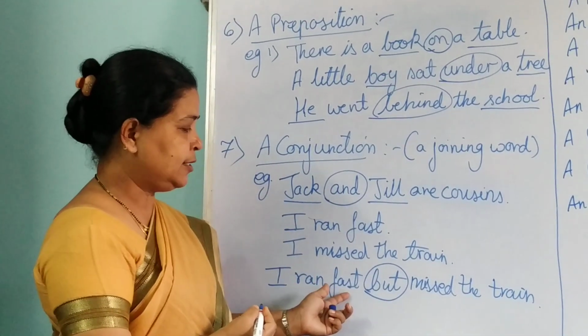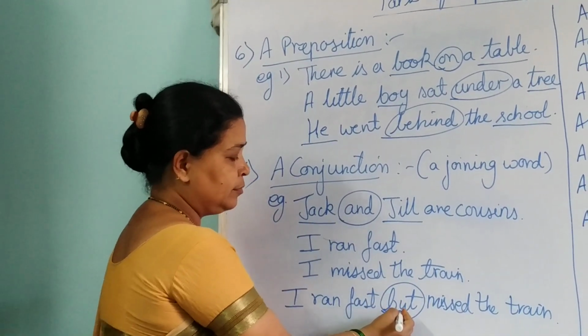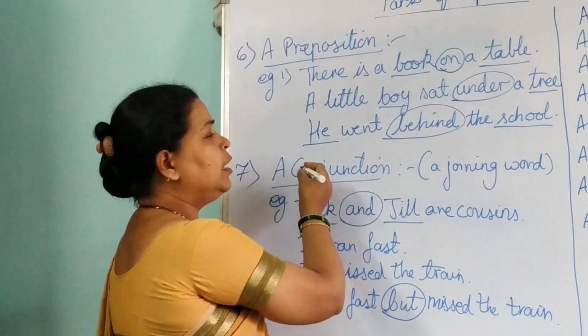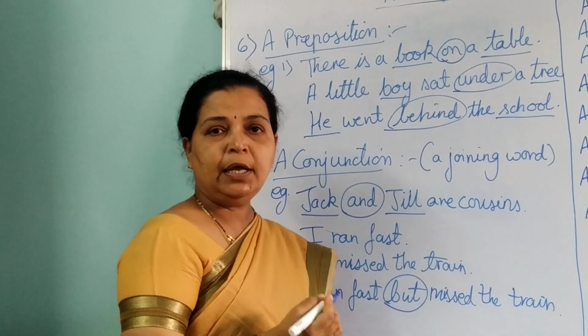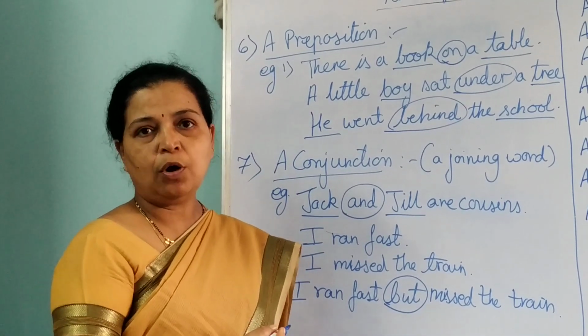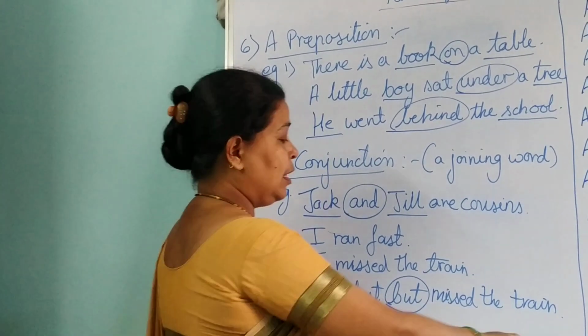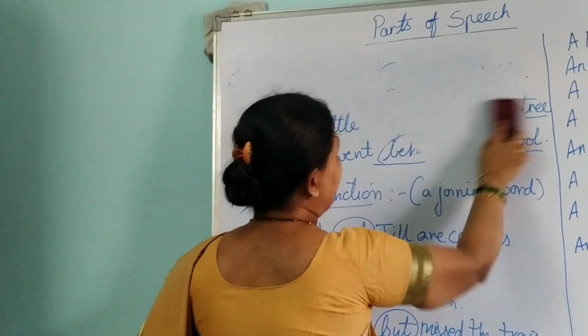I ran fast but missed the train. So the word but, which is used to join two sentences, is a conjunction. So a conjunction is a joining word. It either joins two words or two sentences. Got it? Let's do the last part of speech, that is an interjection.